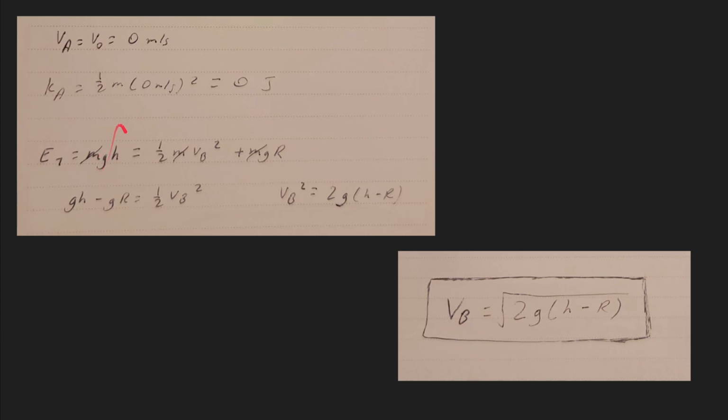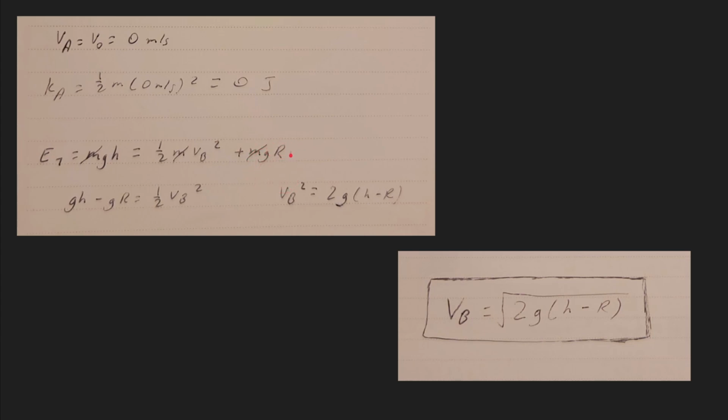So mass times gravity times height, because our height at A is just h, is equal to 1/2 m velocity at b squared plus mgR for our radius, which is our height. Our m's cancel out, so now we're left with gh is equal to 1/2 vb squared plus gR.